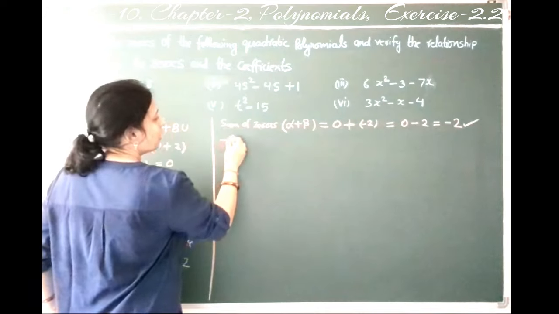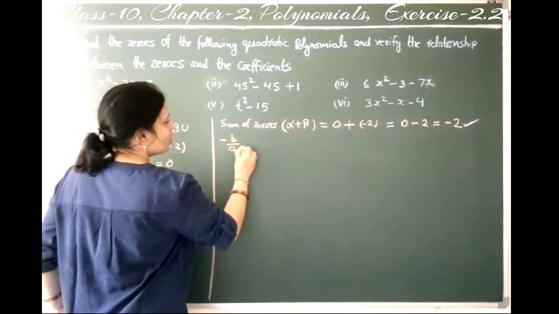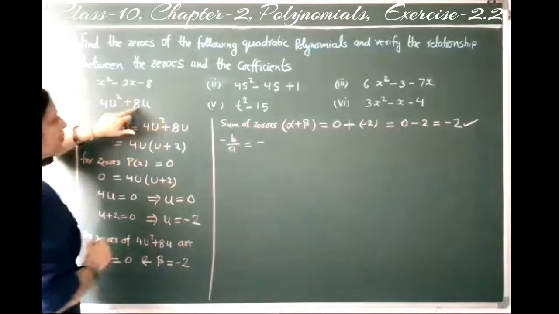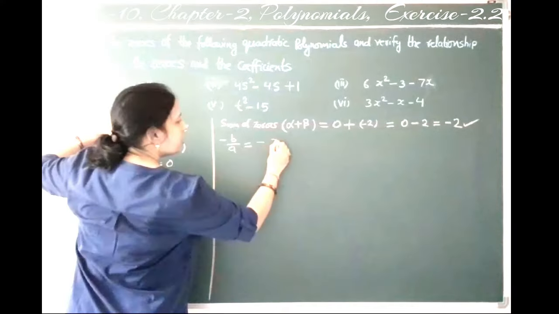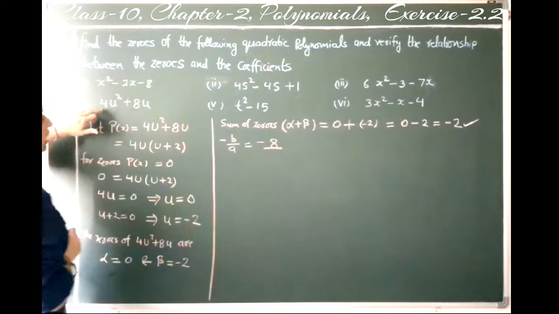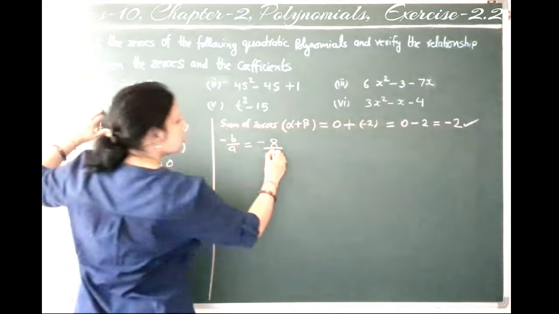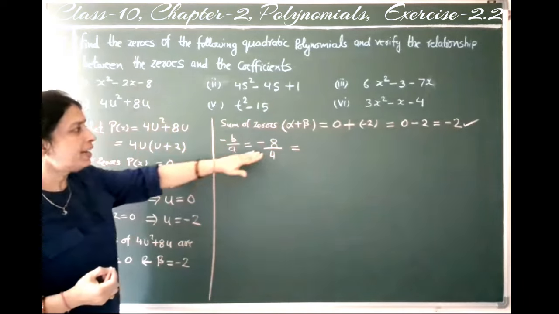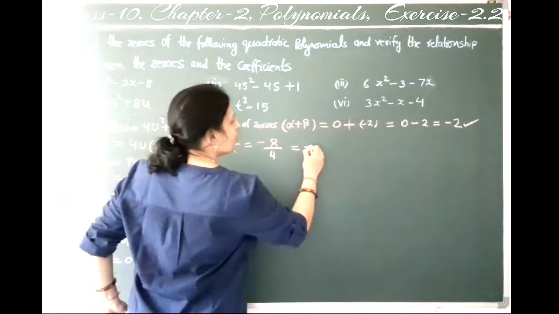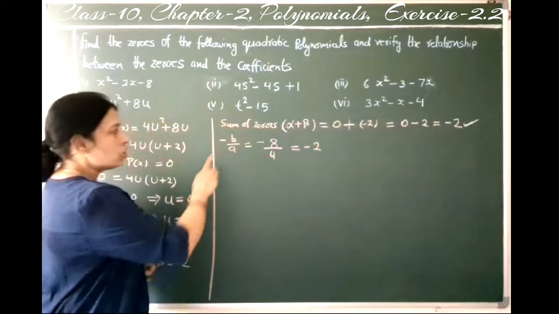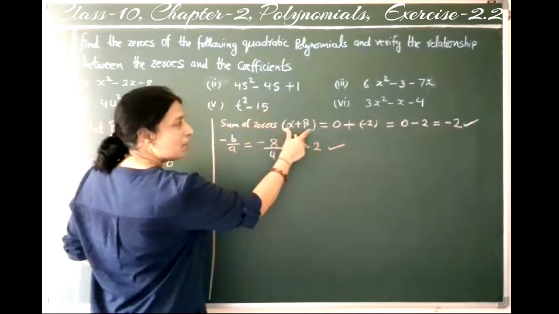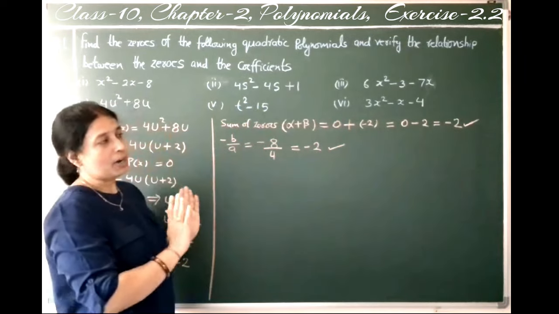So first we find the value of minus b by a. Here b is 8 and a is 4. Divide 8 by 4, it will be minus 2. So minus b by a is also minus 2 and alpha plus beta is also minus 2.